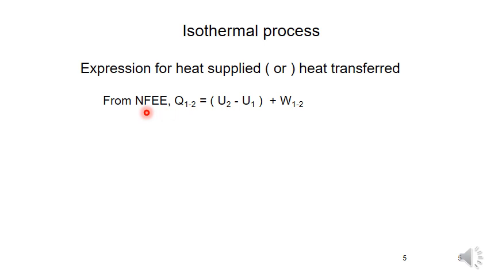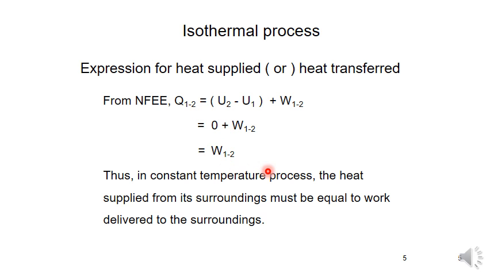Thus, the non-flow energy equation for the isothermal process can be written as Q is equal to W. I am highlighting that at constant temperature, whatever heat is supplied from the surroundings is equal to the work delivered to the surroundings. So Q is equal to W during the isothermal process.